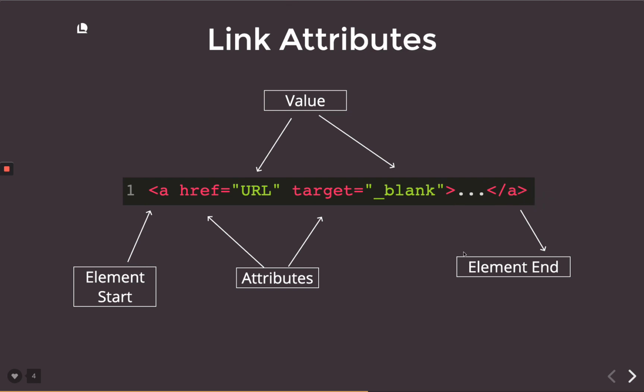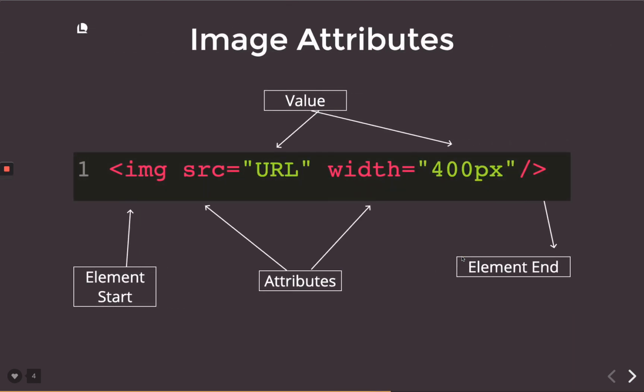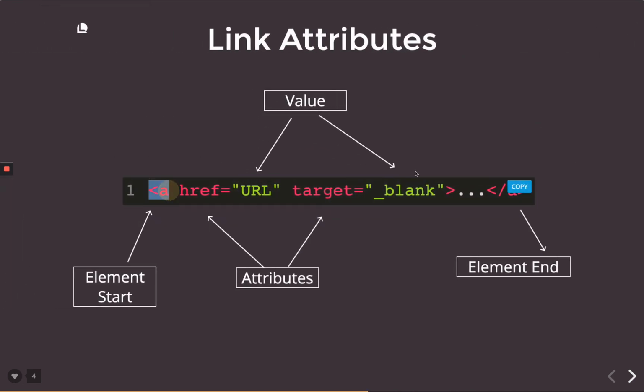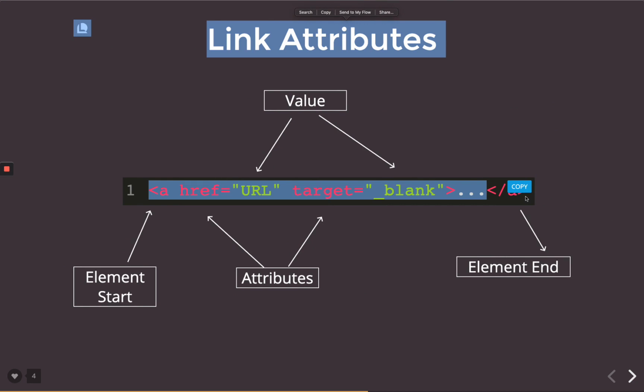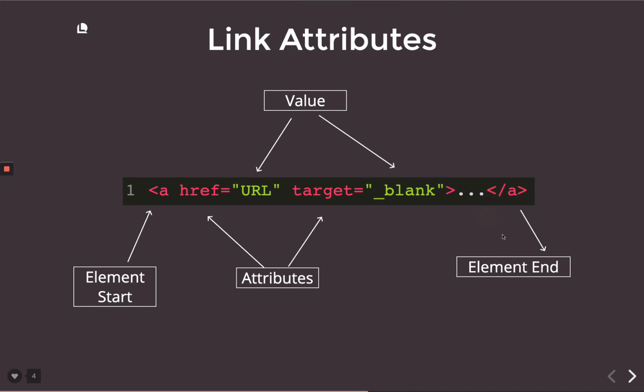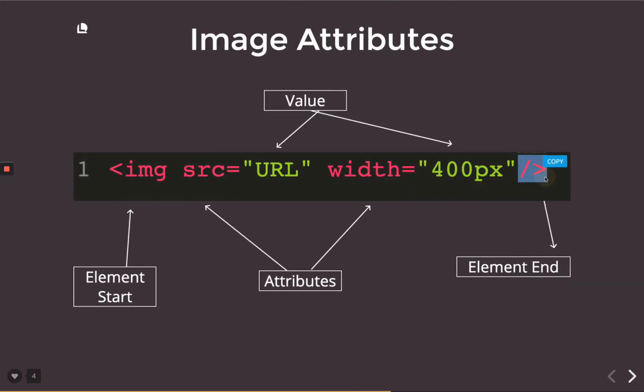untouched right over there. Here's an image one. Notice how it's self-closing. It still has the same kind of style though. It starts and ends at a certain point, but unlike our A tag, it doesn't have a regular closing one. It just ends like our BR tag. Don't worry about that. We're going to get into that in the next slide, I believe. But just to show you that these attributes have different names and these values have different values.